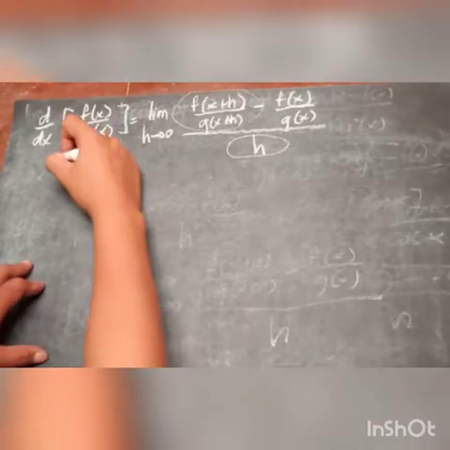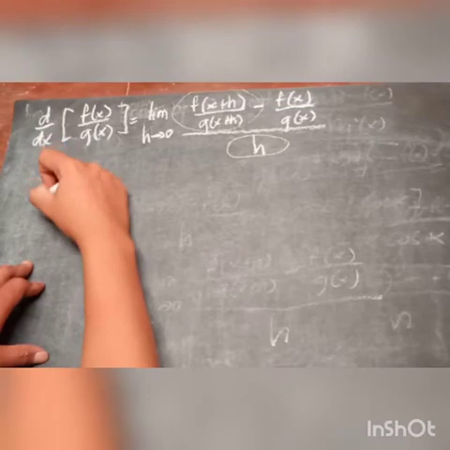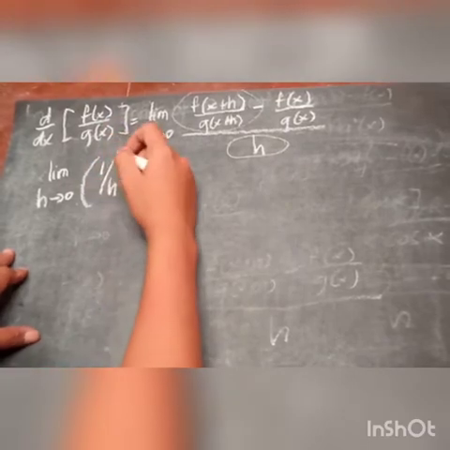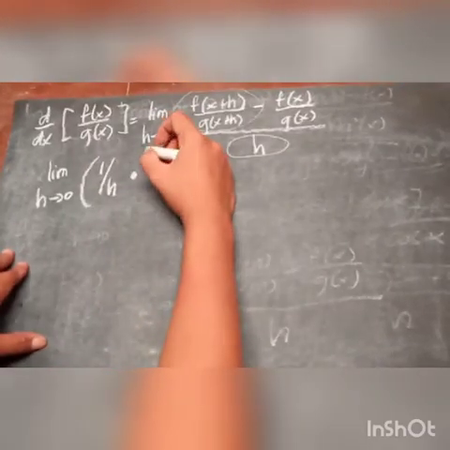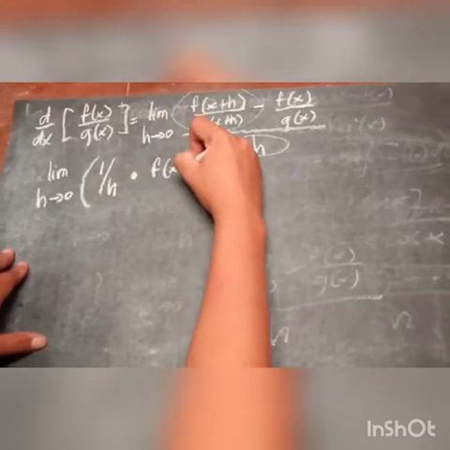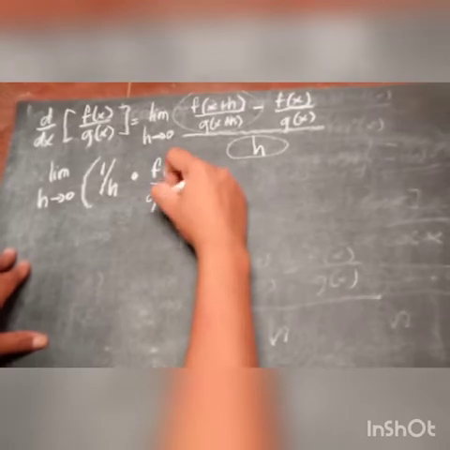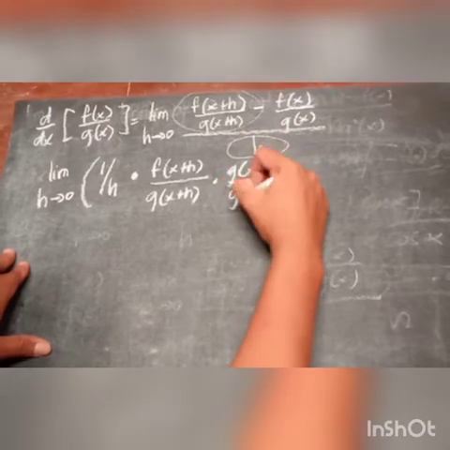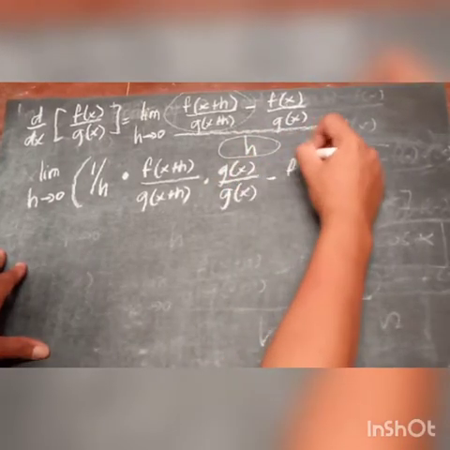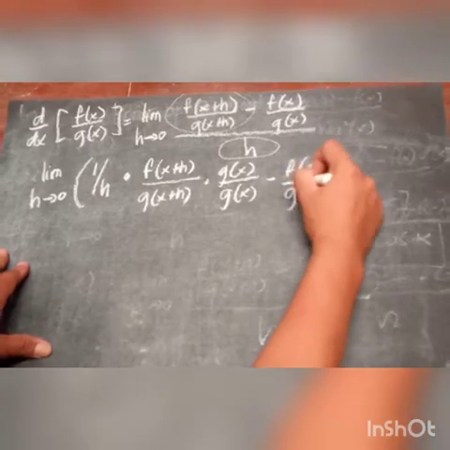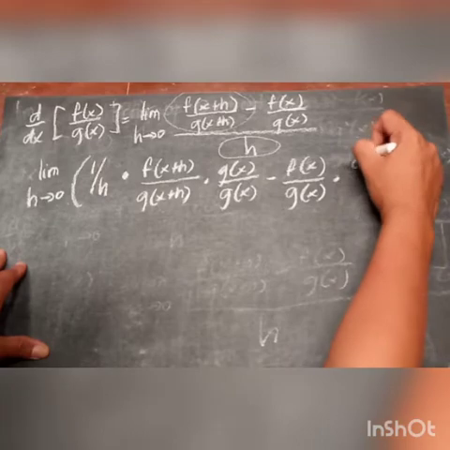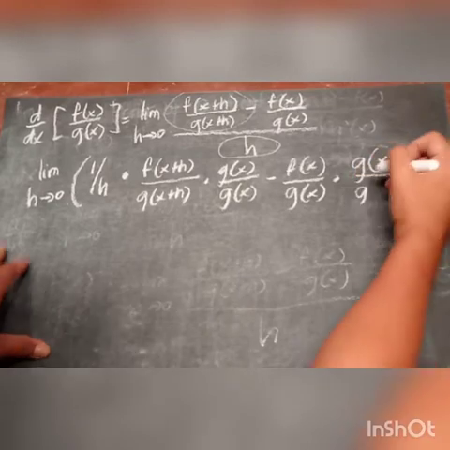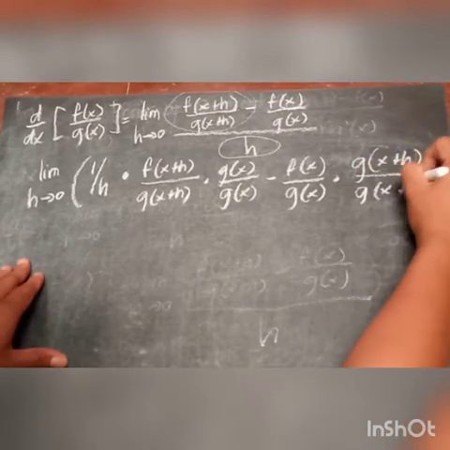So we have the limit as h approaches 0 of 1 over h times f of x plus h over g of x plus h times g of x over g of x, minus f of x over g of x times g of x plus h over g of x plus h.